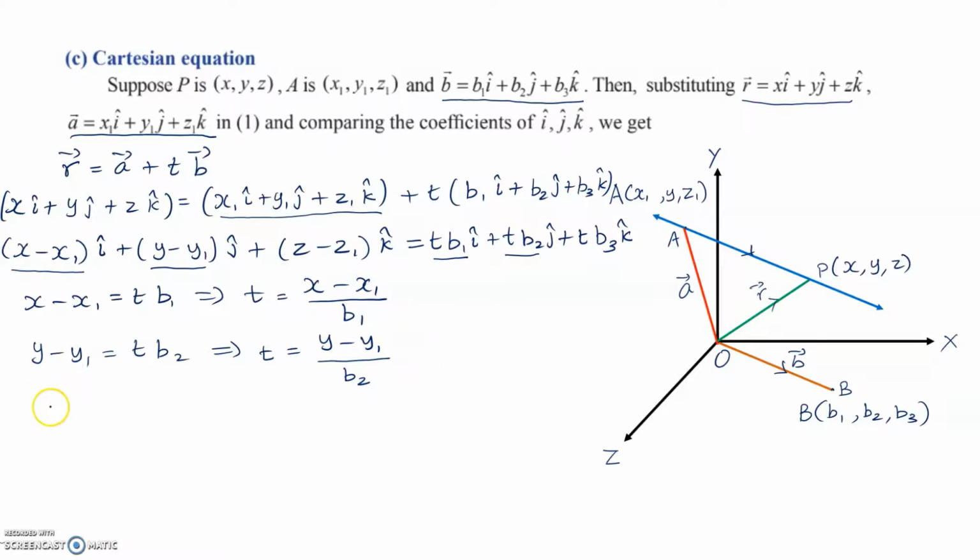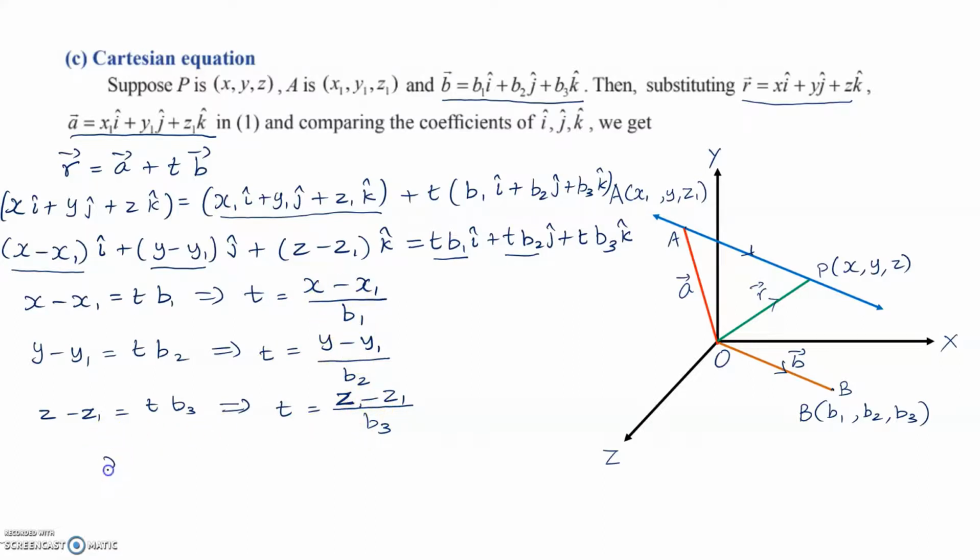Similarly, we can write z minus z1 is equal to t b3. That means t is equal to z minus z1 divided by b3. So you can see that t is equal to this, t is equal to this and this.